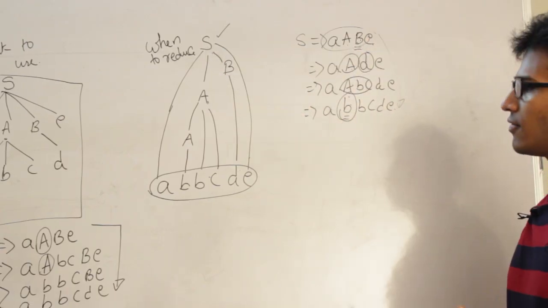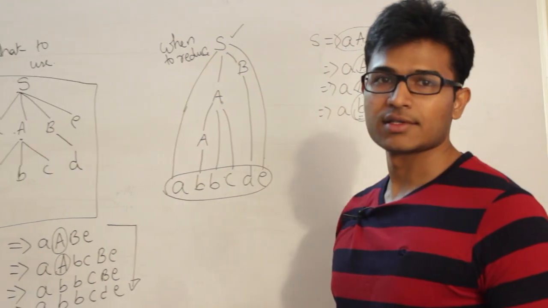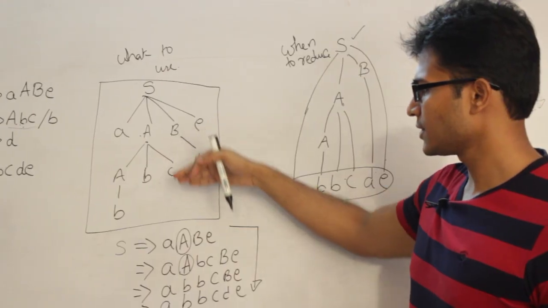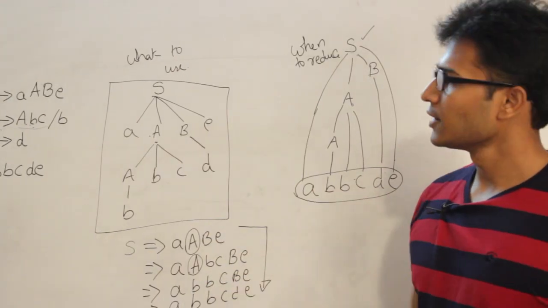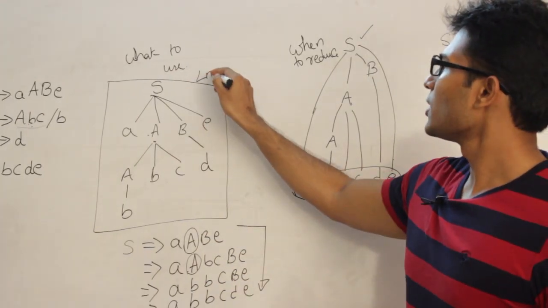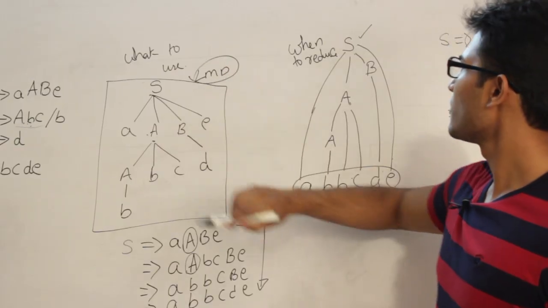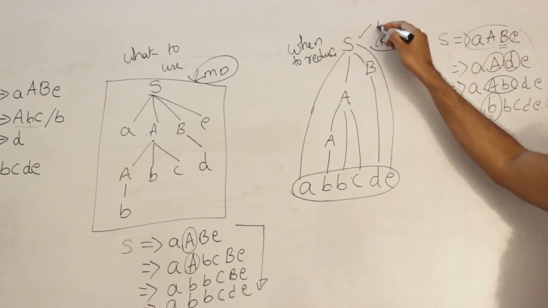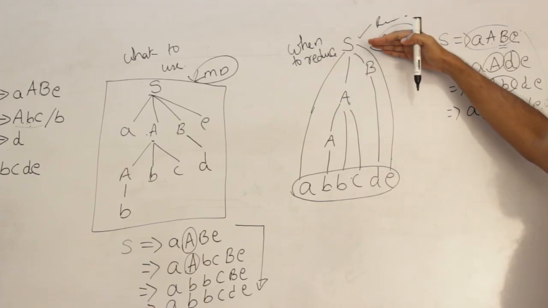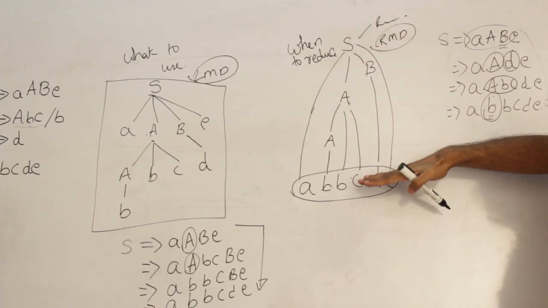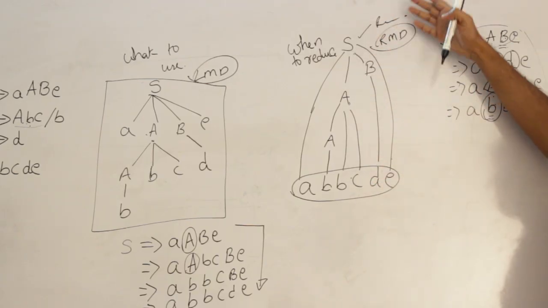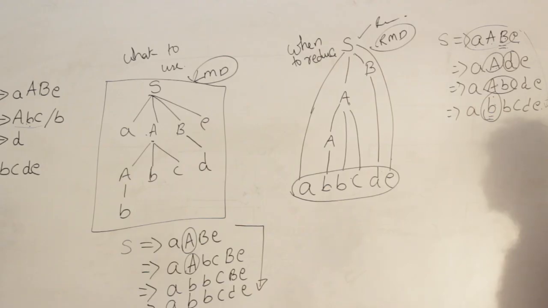So the way in which we build the bottom up parsers is in the reverse of rightmost derivation. The way in which we build the top down parsers is in the leftmost derivation. So top down parsers follow leftmost derivation and bottom up parsers follow rightmost derivation in reverse order. The reason is we are not actually deriving the string from the start symbol, we are deriving the start symbol from the string. Therefore, it is a reverse process.